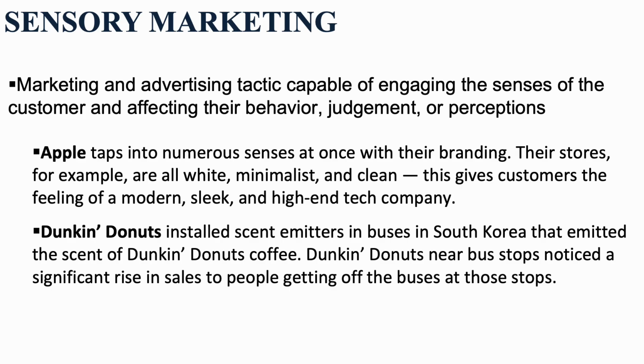Just like Starbucks. Starbucks chooses the type of music that's played in their stores, and all of their stores play the same songs, right? Or you could think of a store like Abercrombie and Fitch, which uses certain music. They have dim lighting. The main thing that always stands out for Abercrombie and Fitch, though, is the smell of the store.